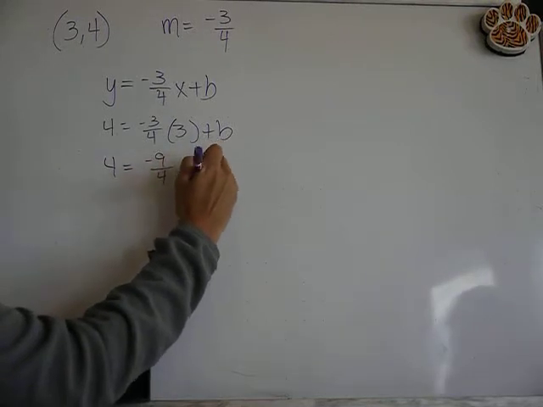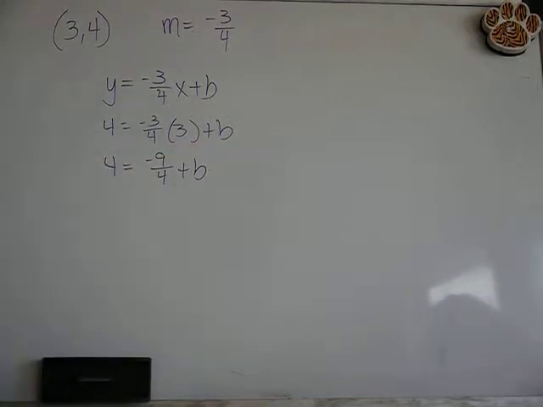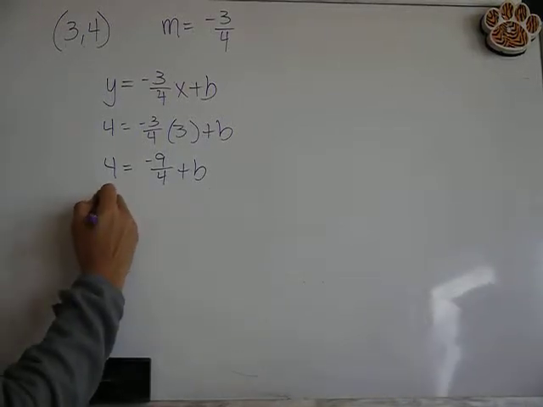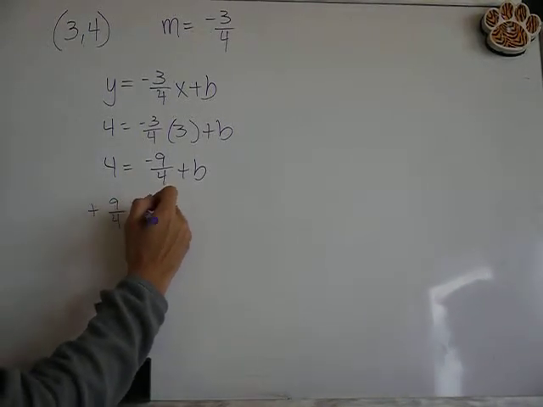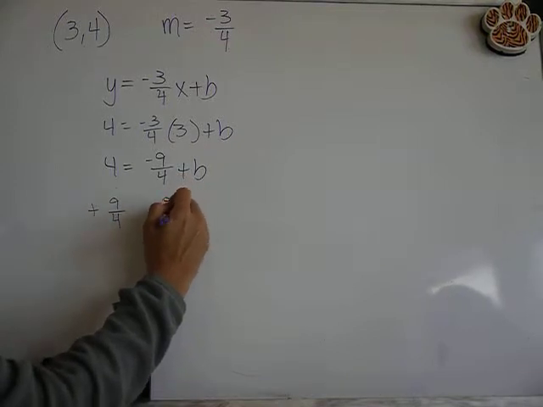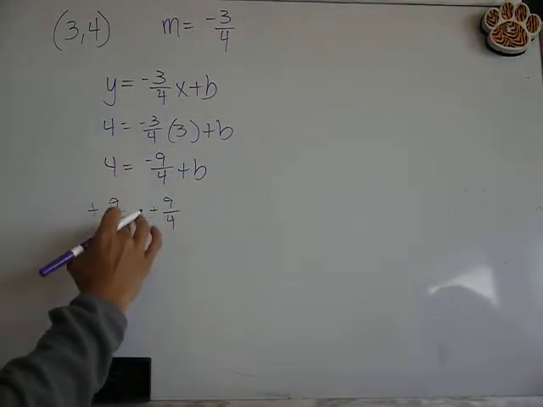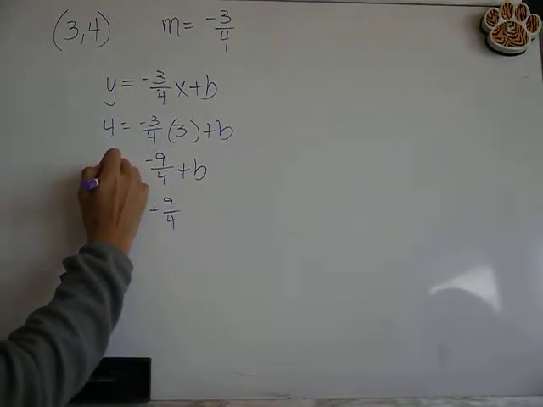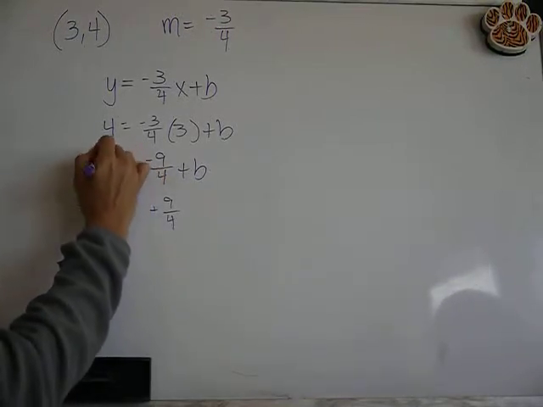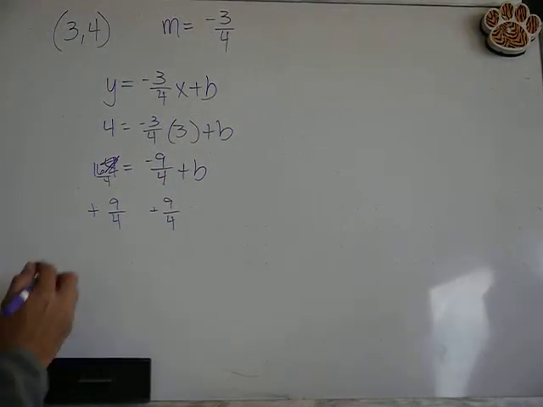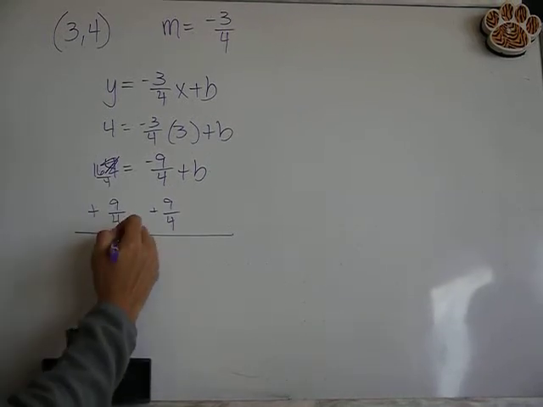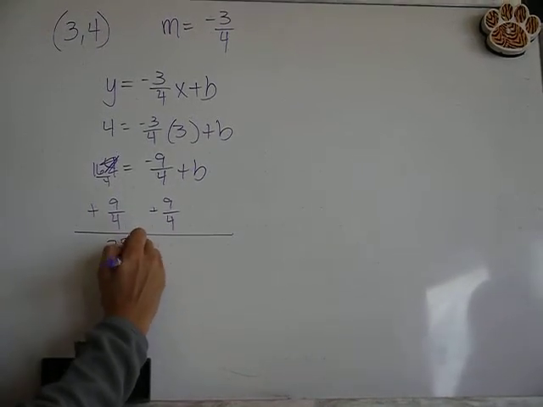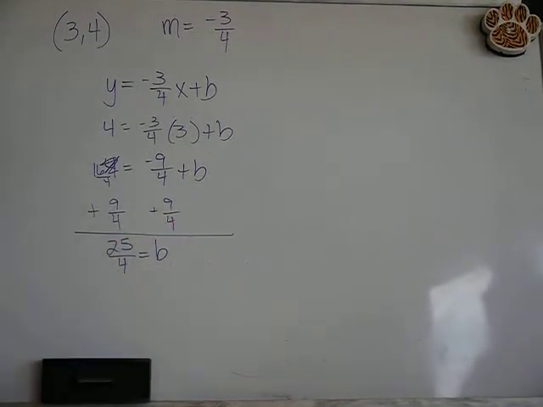Because I know you guys have missed it. We haven't done too much with fractions. So, you know, this is kind of fun. We're going to add 9/4 to both sides. To do that, I'm going to do it a little differently. I'm going to leave it in here, and I'm just going to say, okay, I want it over 4. So I'm going to call it 16 over 4, right? And that would be 25/4 equals b.